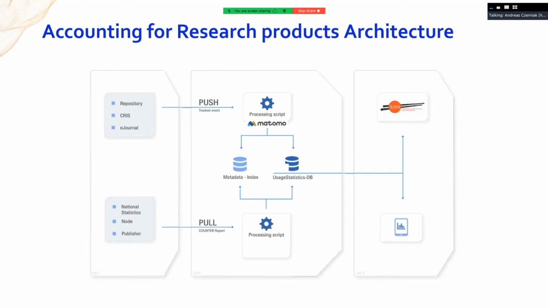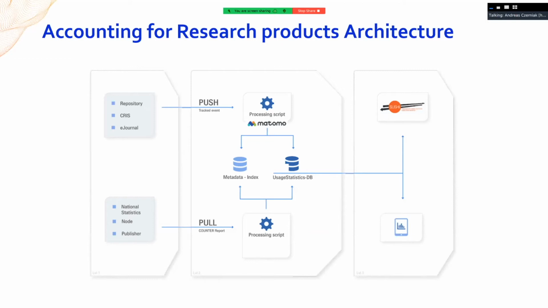For the national ones, on the lower left, this is mostly an aggregated way of collecting events. This is a pull request. We get COUNTER Code of Practice reports, do some processing there, also deduplication with online live events, and make it available in the user statistic database at the moment.